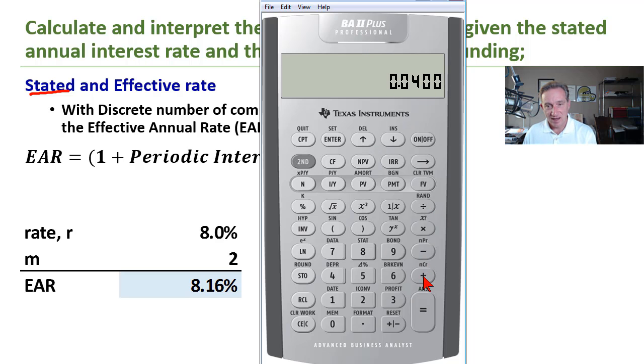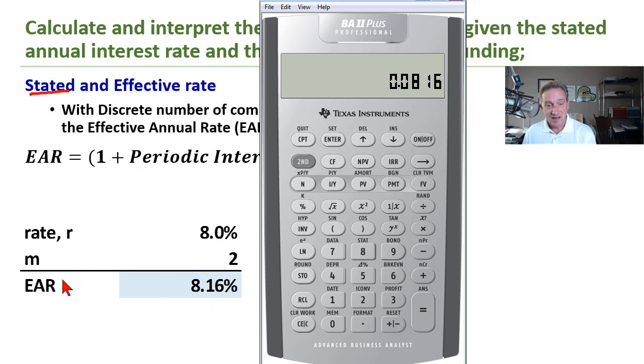I add 1 to that, and I take that 1.04 and I raise it to the power of m, or the second power in this case, and then I subtract 1, and we can see that my 8%, if compounded semiannually, translates into an effective annual rate of 8.16%.